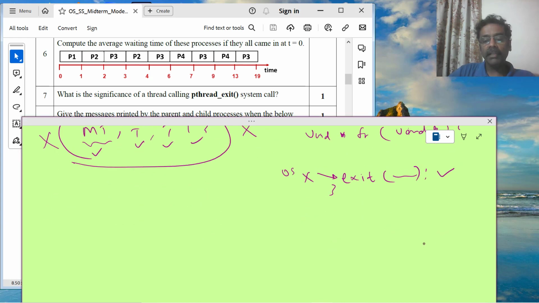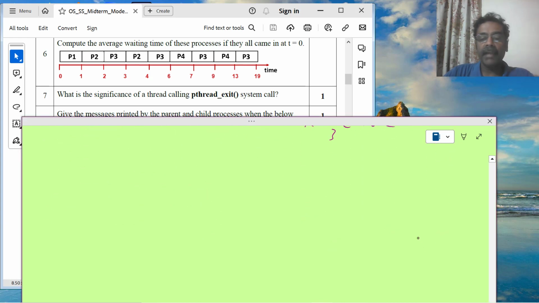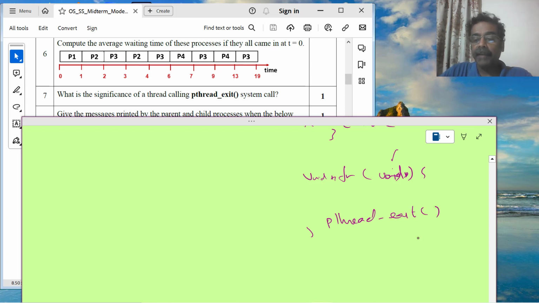Now, what is the formal, informed way of exiting a thread? A thread function takes in void star and returns void star. I call it a thread function because its input is void star and its output is also void star. It executes pthread exit, and it can pass a pointer, some string, to any other thread.